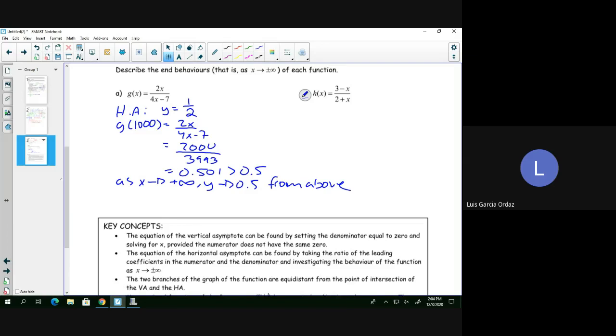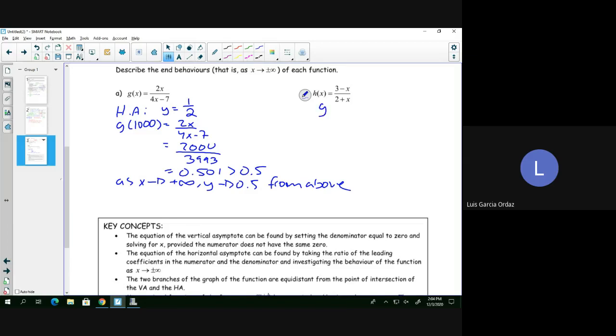So now we're going to do the same thing with negative infinity. So give me a negative number that's close to negative infinity, or like a big number. Okay, we can use negative 2,000, but to make it easy, let's just use negative 1,000. So just to do the opposite.